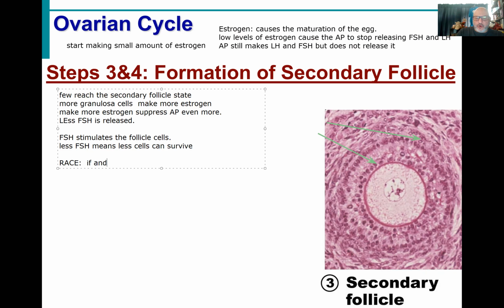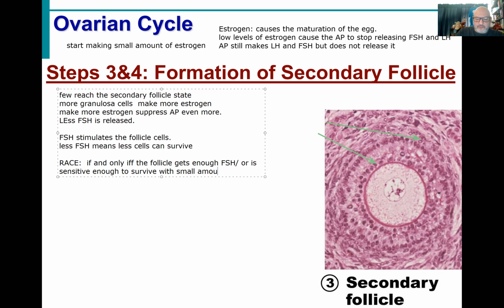If and only if you can get enough follicle stimulating hormone, or are sensitive enough to survive with small numbers, will you survive? All other follicles die.